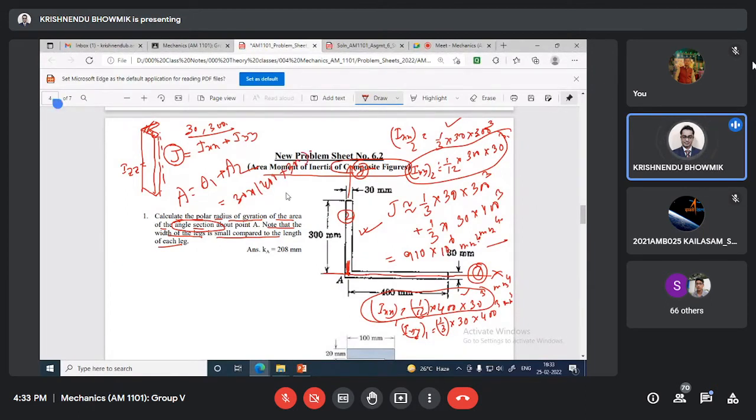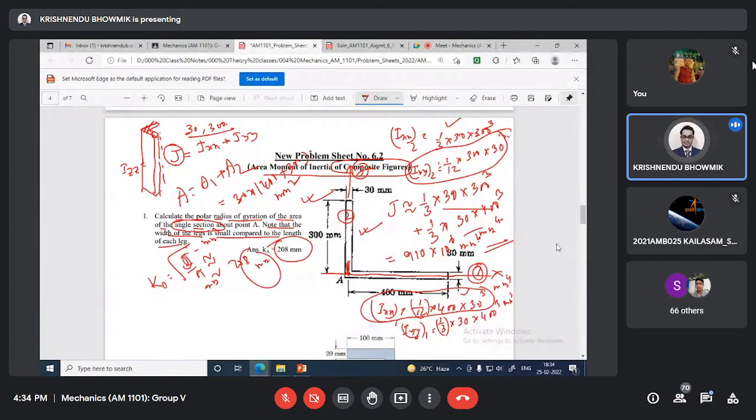If you use the k value, square root of J by A, you will get 208 millimeter. J is millimeter power 4, A is millimeter square. So you'll be getting 208 millimeter. So that way you can do these problems. Is it okay? Problem 1. You can use the detailed one, you can approximate also. Is it fine?